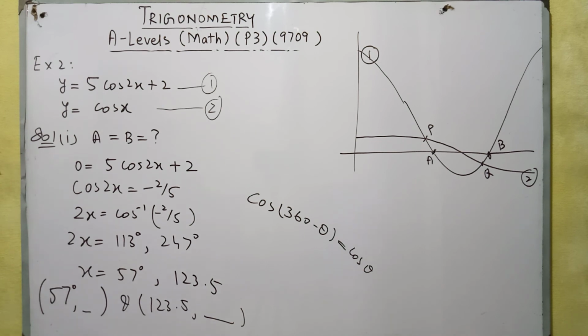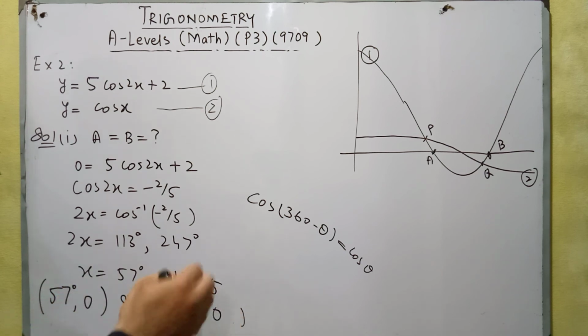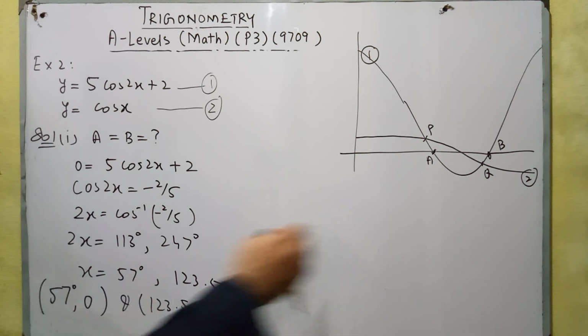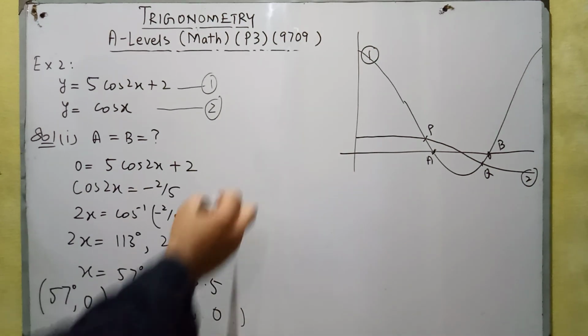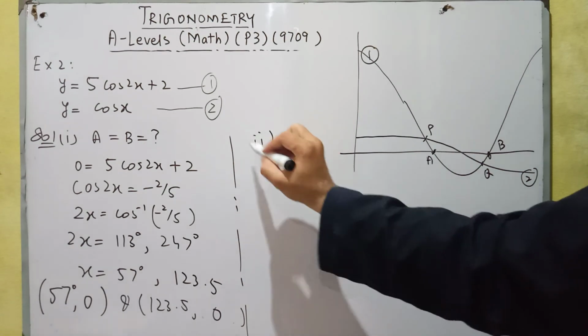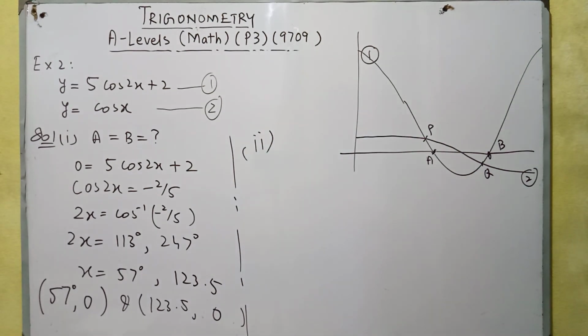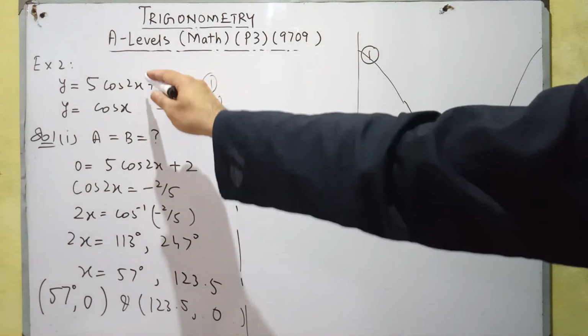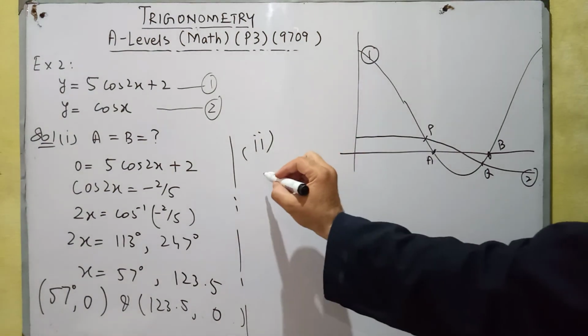Basically in the second part, part B, we need to find the coordinates of P and Q. That will be our second part. Okay, we are supposed to find point P and point Q, which are the points of intersection of both equations. So we need to equate these two equations.